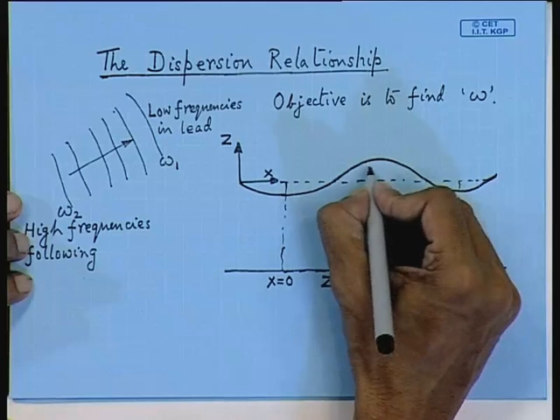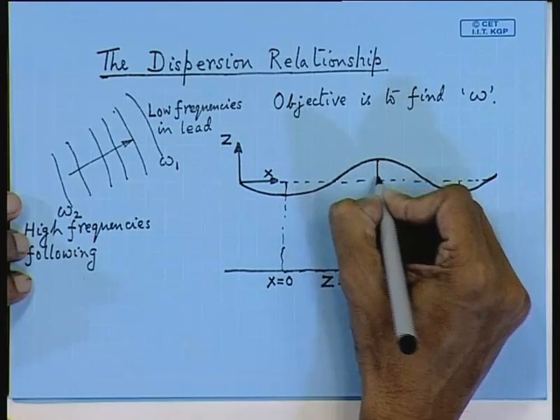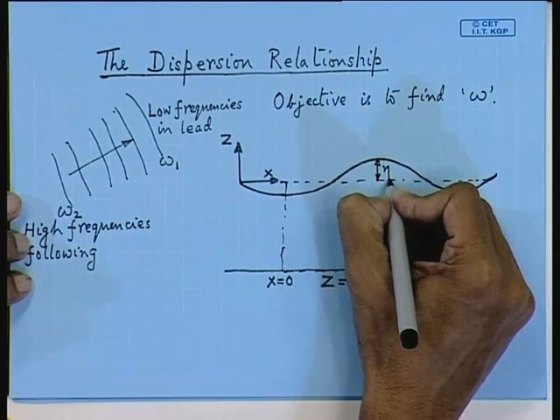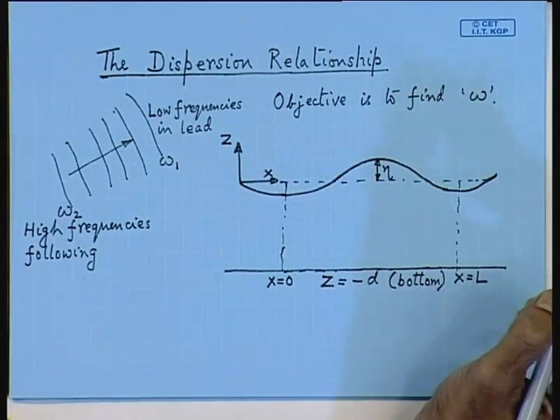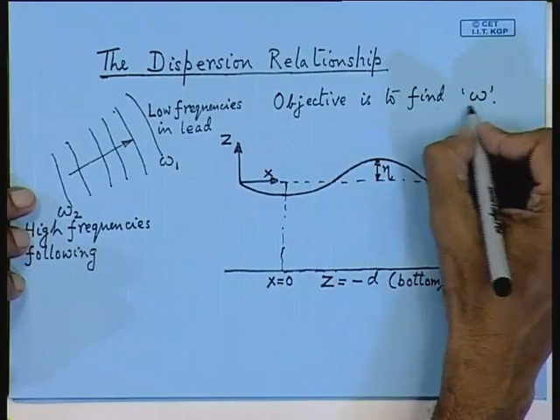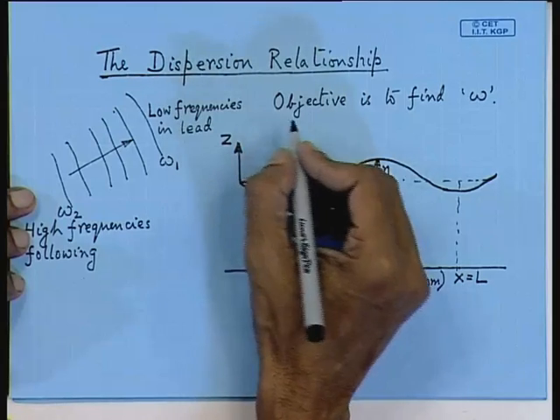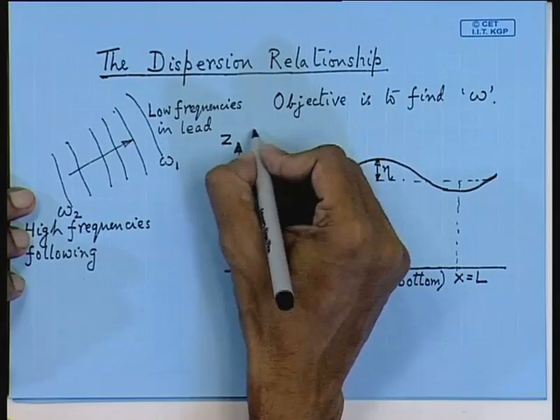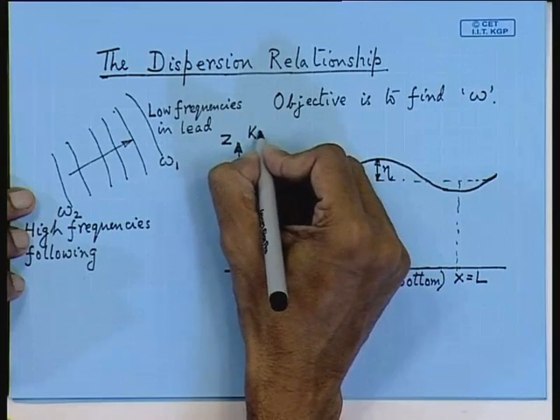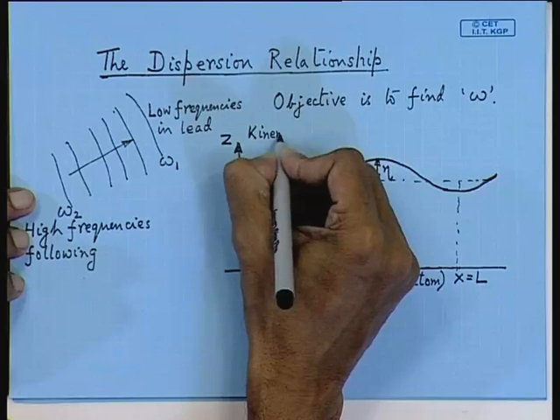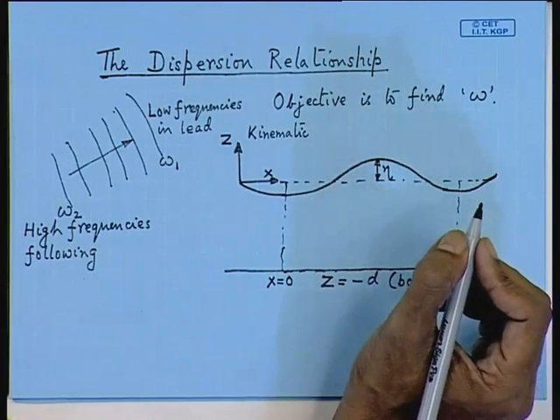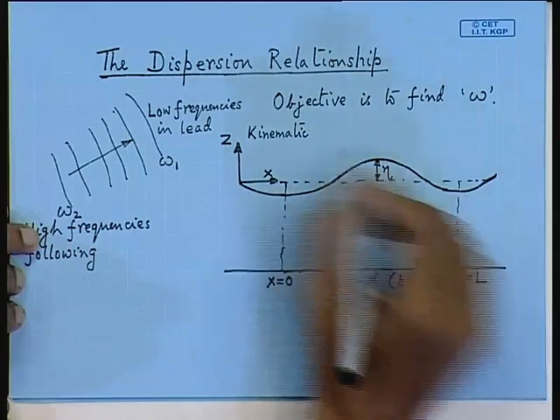So, what is your surface elevation with which we started? This is eta. Now, if you want to find the dispersion, that is the value of omega, you write down the conditions at the free surface. This is called the kinematic free surface condition. Kinematic has to do with the velocity.